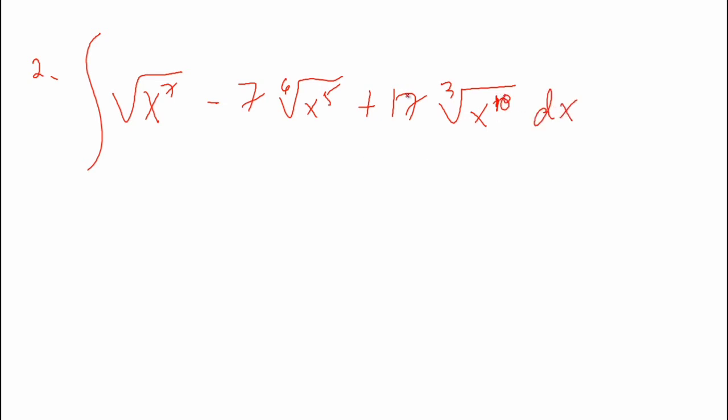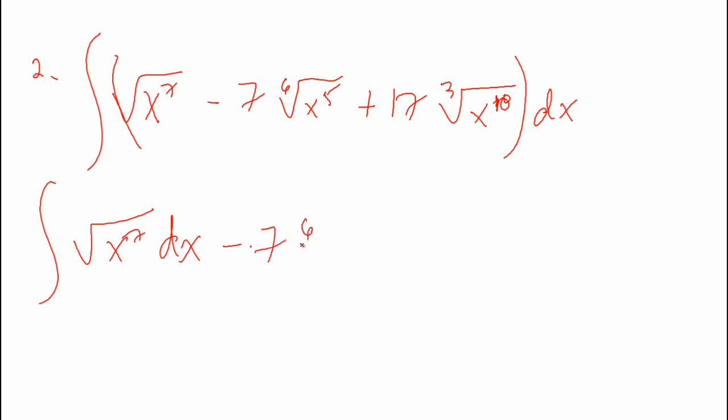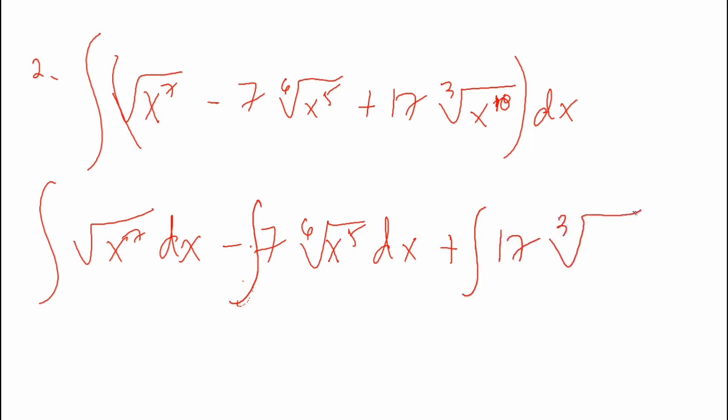As you can see, we can integrate each term. We can rewrite that as the integral of the square root of x raised to 7 dx, minus the integral of 7 times the sixth root of x to the fifth dx, plus, don't forget to put the integral sign, the integral of 17 times the cube root of x to the 10 dx.